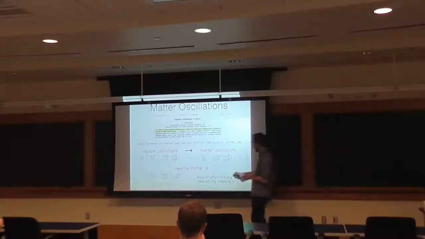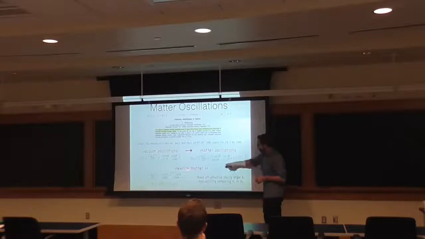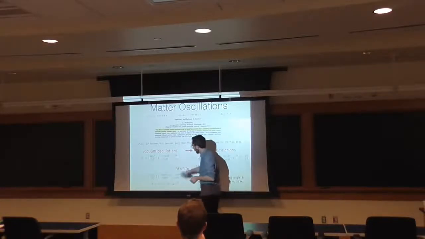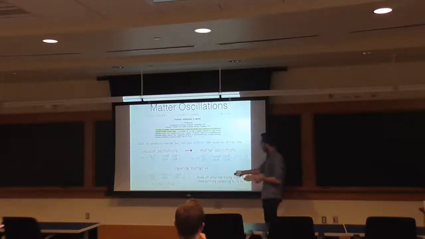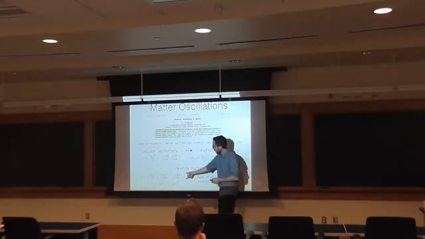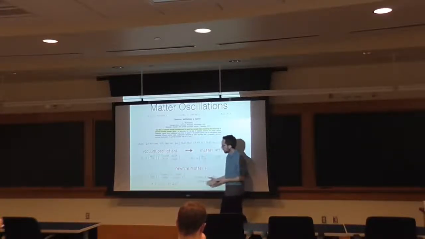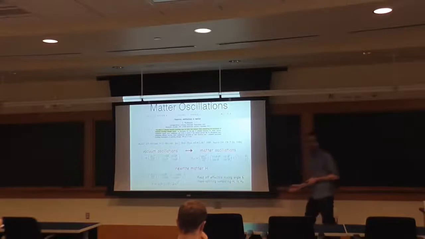The nice thing too, right, is I can subtract another part of the diagonal so that I get the Hamiltonian in matter to basically look exactly the same as it does in vacuum. So the diagonal pieces are the same up to a minus sign, and the off diagonal is exactly the same, so that I can, if I like, just think of this along exactly the same terms as the vacuum Hamiltonian, which is just saying that now my mixing angle has a different value in the medium.